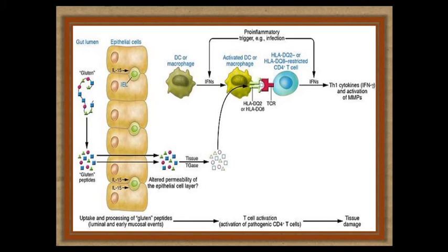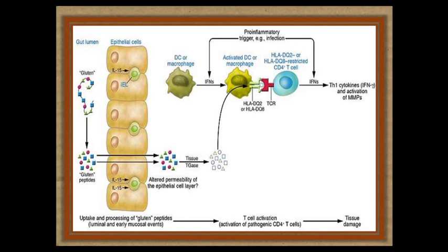So, what happens here? Here is the gluten protein inside the lumen of the GIT. It will be absorbed through the epithelial cells into the wall of the intestine.